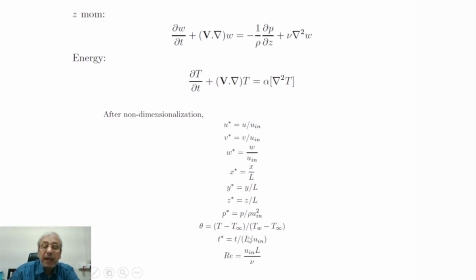The convective time is L by the velocity at the inlet. So t by convective time is t star, the non-dimensional time. Reynolds number is inlet velocity times L by nu.